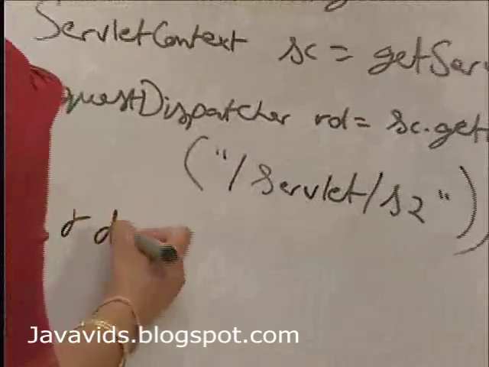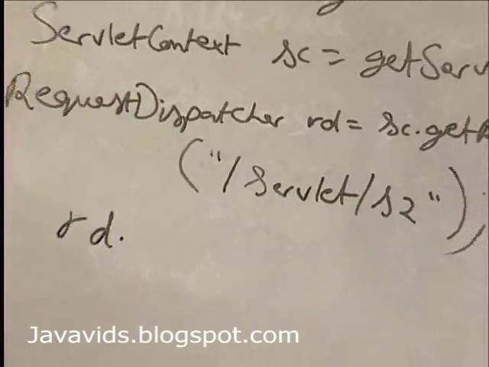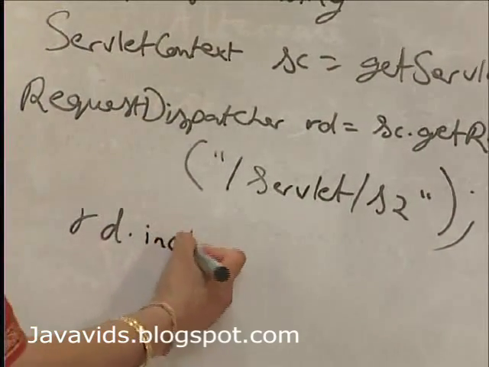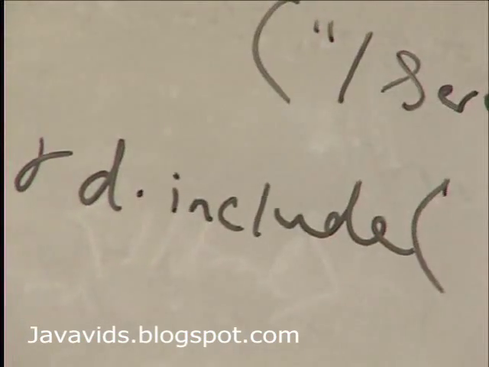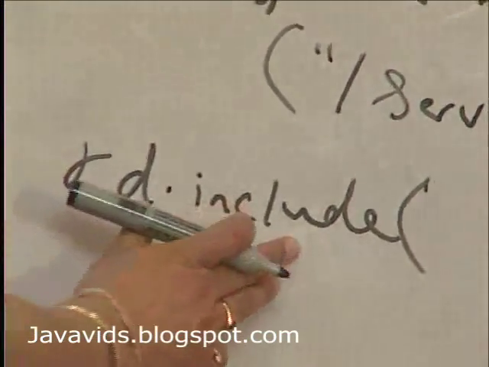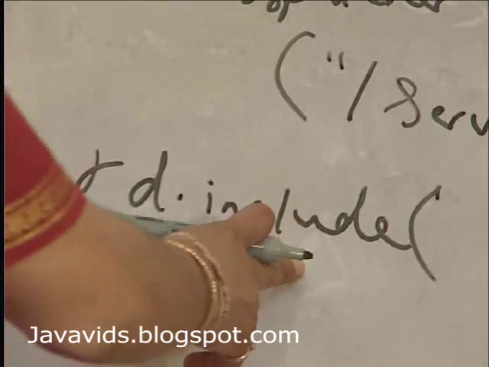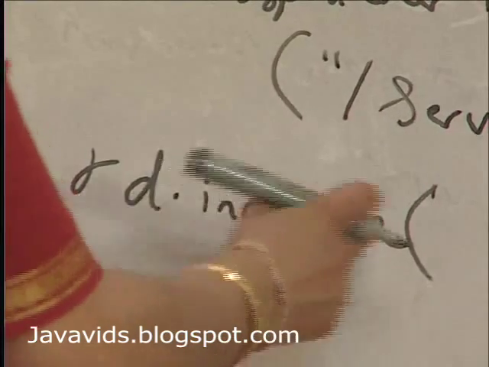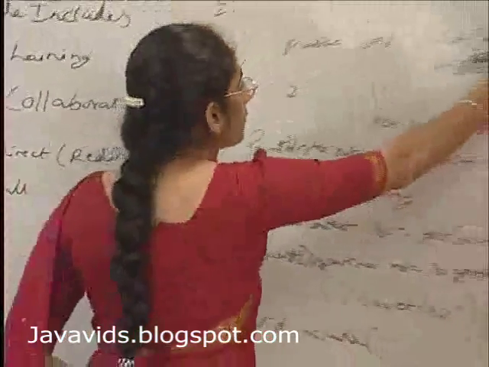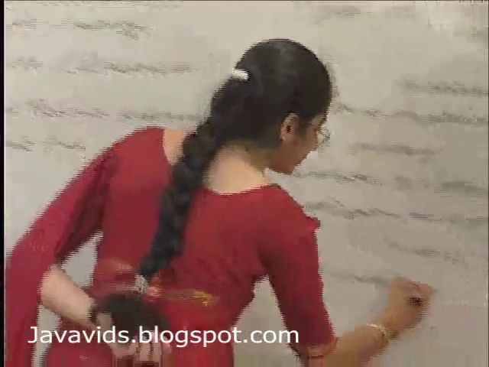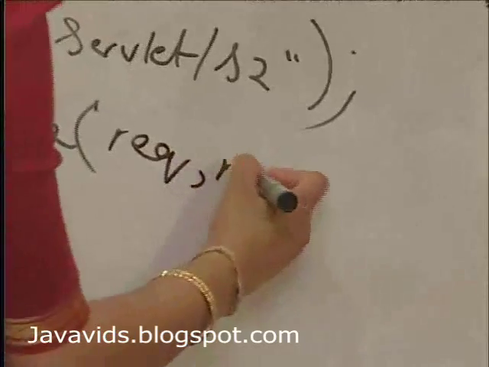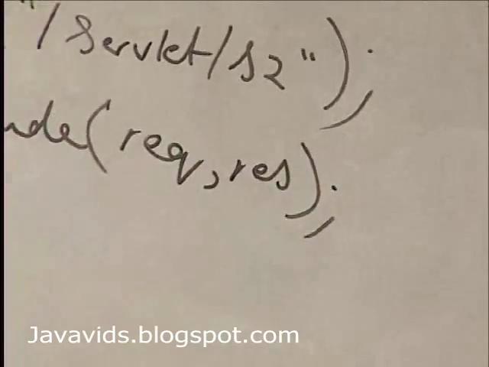Then using this request dispatcher object, we call the include method to inline a servlet, right? When we call an include method, we have to pass the request and response objects as parameters, as we mentioned, and that request and response is available out here in the doGet method itself. So we pass those particular parameters.